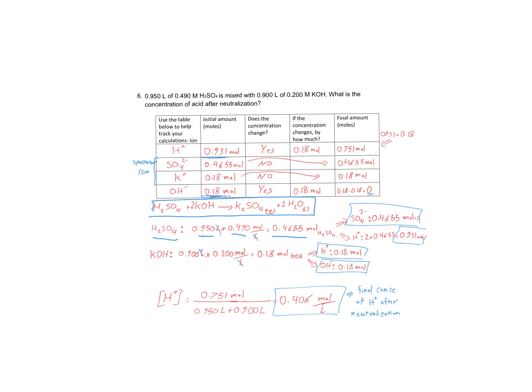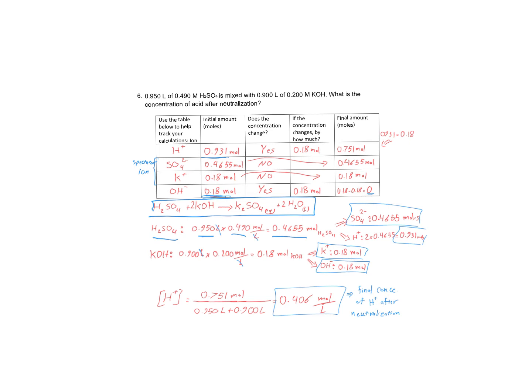So therefore 0.4655 mole H2SO4 will have 0.4655 moles of the sulfate and twice that number for H plus, because each of them makes 2 H plus, right? Because it's H2SO4, right? So each molecule makes 2 H plus ions, and the initial number of moles of H plus is that number times 2, which is 0.931 moles.